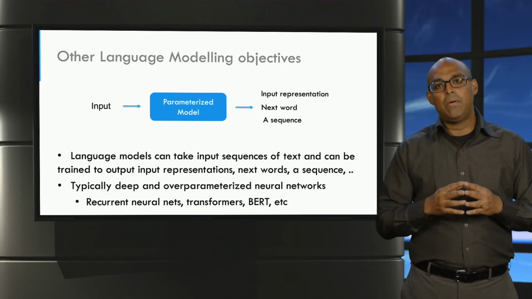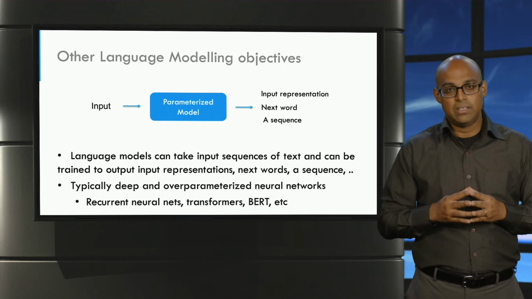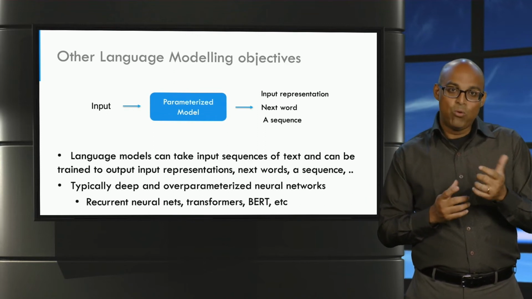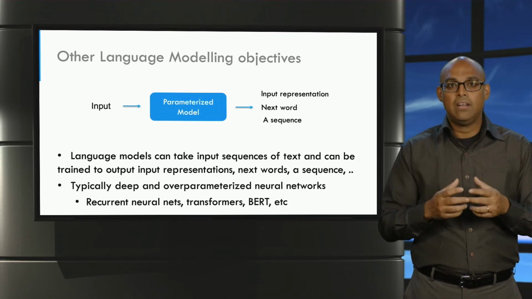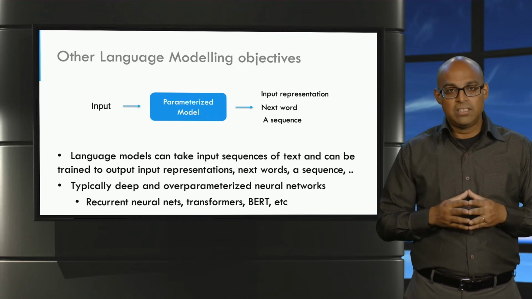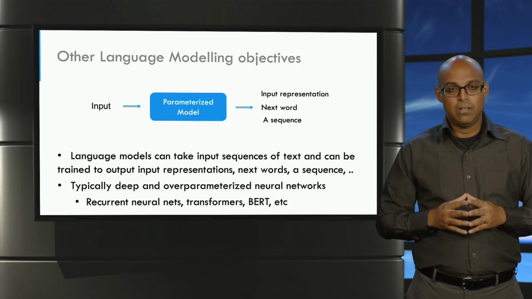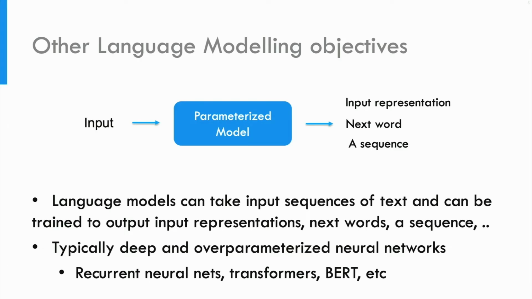A note about the implementation of these language models. While most of the classical language models were based on counts of words or co-occurrences of words, all the modern language models are based on deep over-parameterized neural models. Some examples of these neural network models are recurrent neural networks and transformer architectures, for example, BERT, RoBERTa, and XLNet.